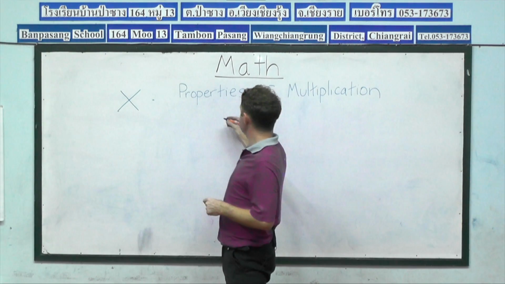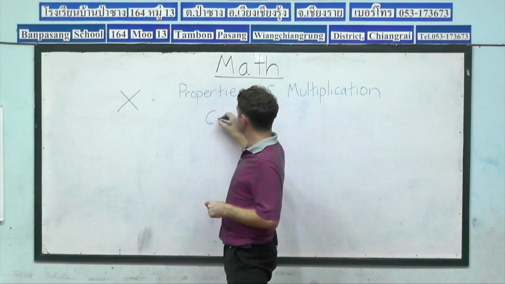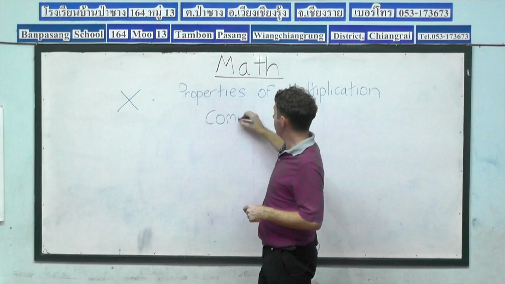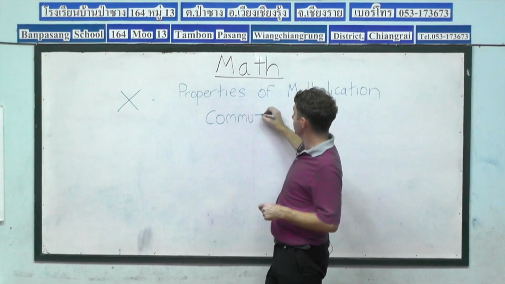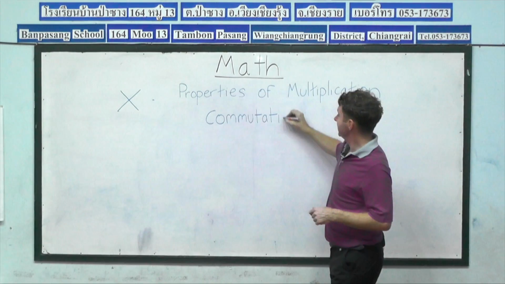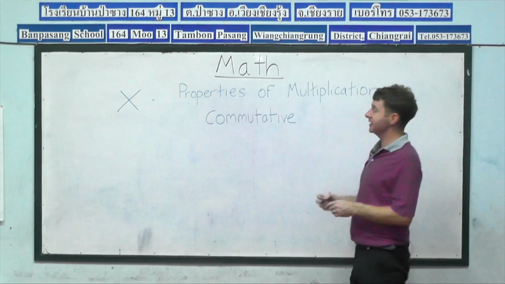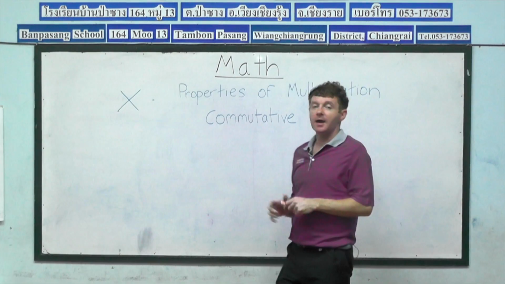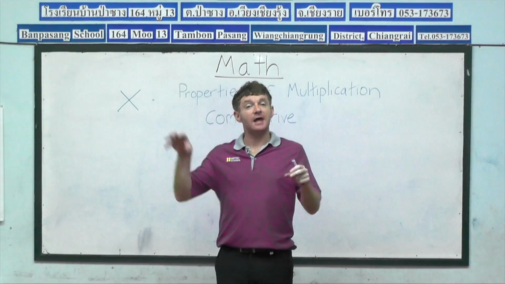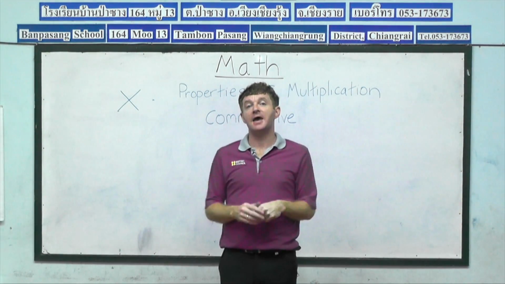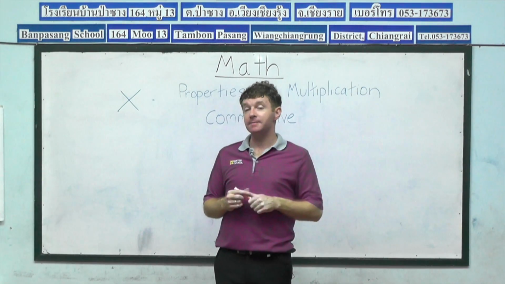Property number 1, commutative. C-O-M-M-U-T-A-T-I-V-E. Commutative. And what commutative means is that no matter if we have two numbers, whatever way we multiply the numbers, we'll get the same answer.